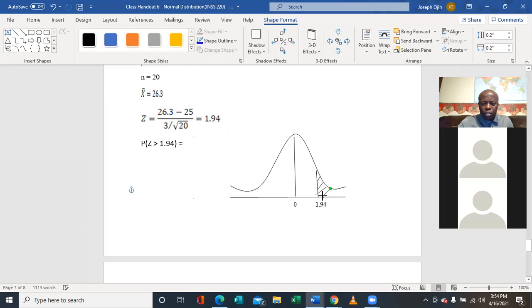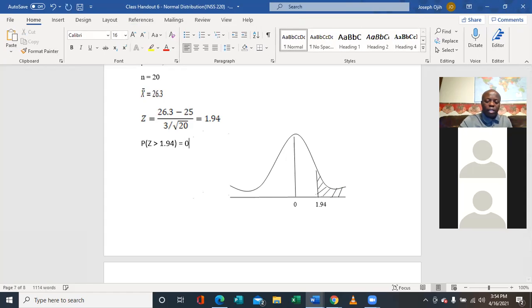Let me shade it so you can see that the shaded part is the tail. Remember, the halfway is 0.5, but you're looking for only this part. So you're gonna do 0.5 minus whatever answer you get on the chart for 1.94.